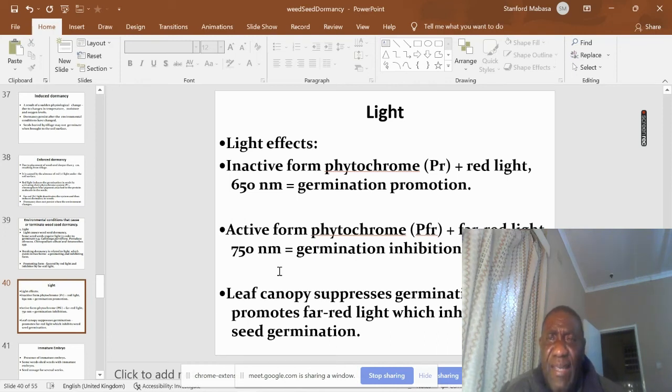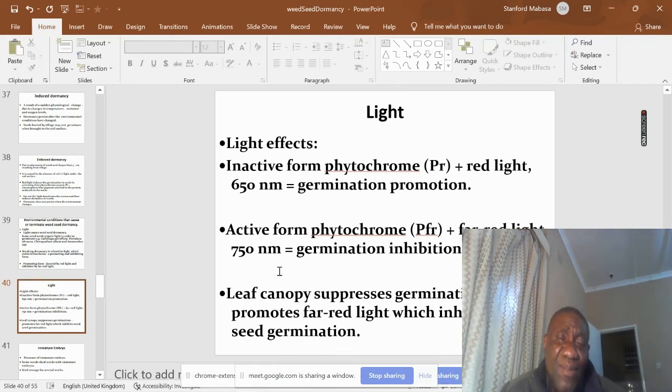One of the strategies used in conservation agriculture is the use of mulch, which can actually prevent light from reaching the seeds.